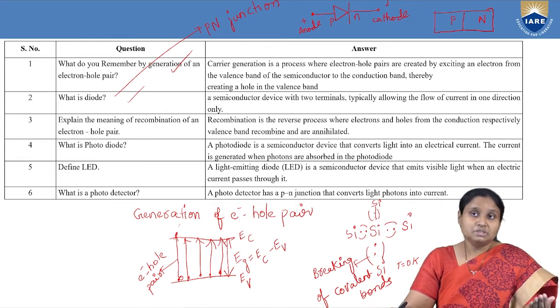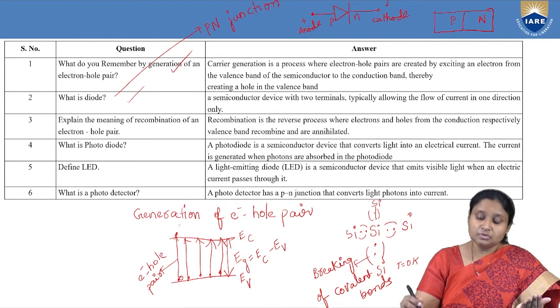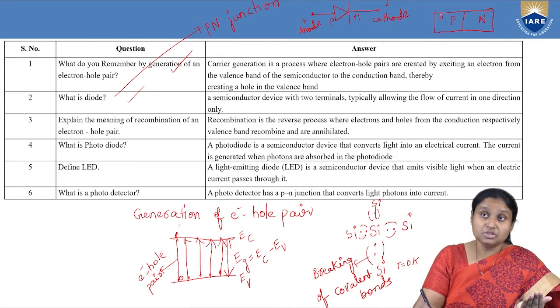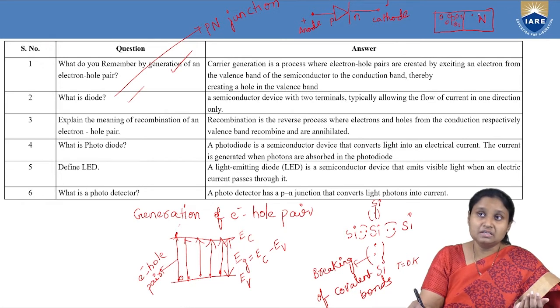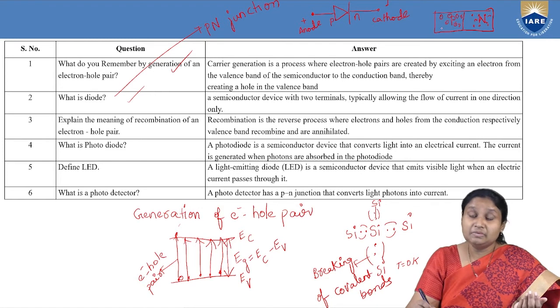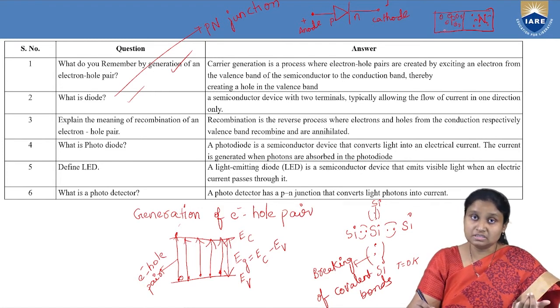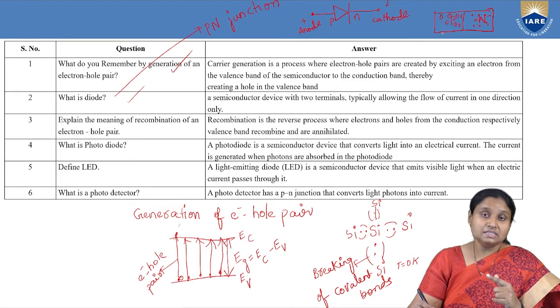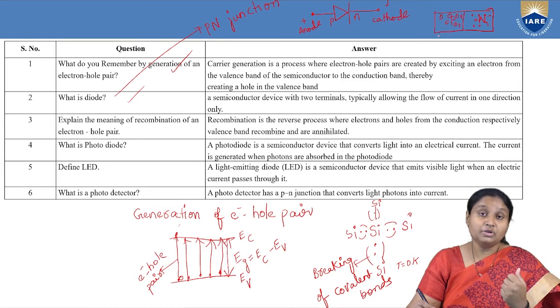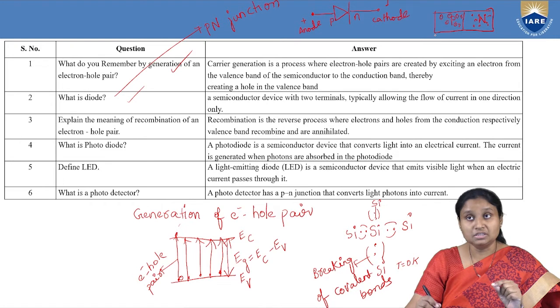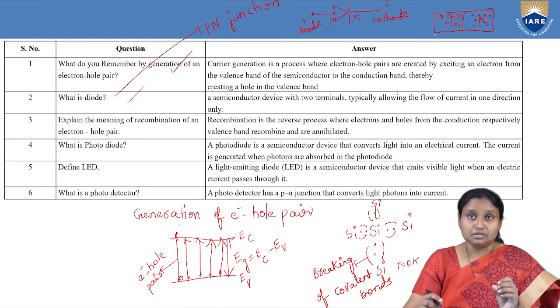In P type semiconductors the majority charge carriers are holes, whereas in N type semiconductors the majority charge carriers are electrons. P-type semiconductors are formed by doping trivalent impurities to intrinsic semiconductors, whereas N-type semiconductors are formed by doping pentavalent impurities to intrinsic semiconductors.